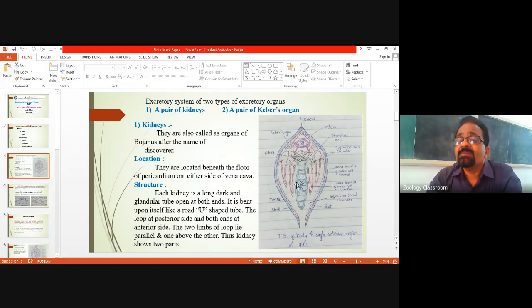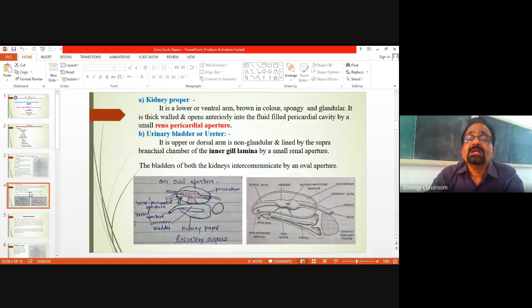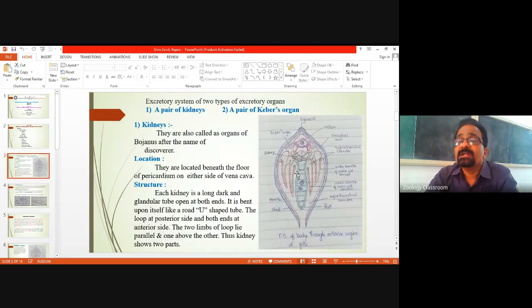Here is the inner gill lamina and the outer gill lamina. In the vicinity, right here is the location of this ureter by the small aperture. So the suprabranchial chamber of the inner gill lamina, by the small renal aperture, is where we have labelled the suprabranchial chamber.